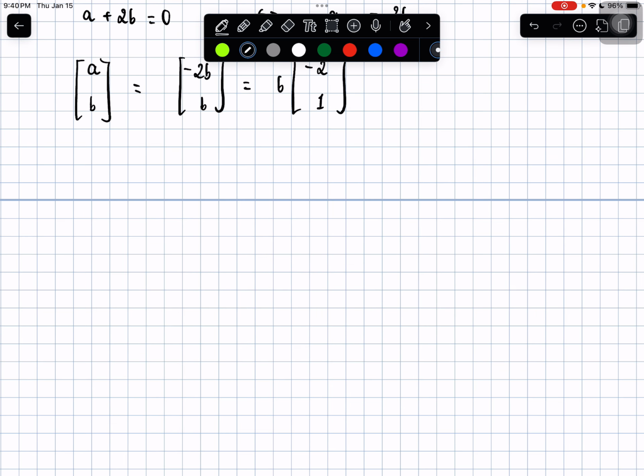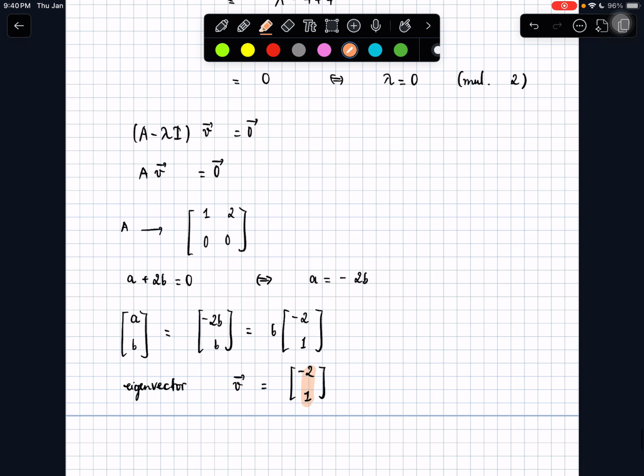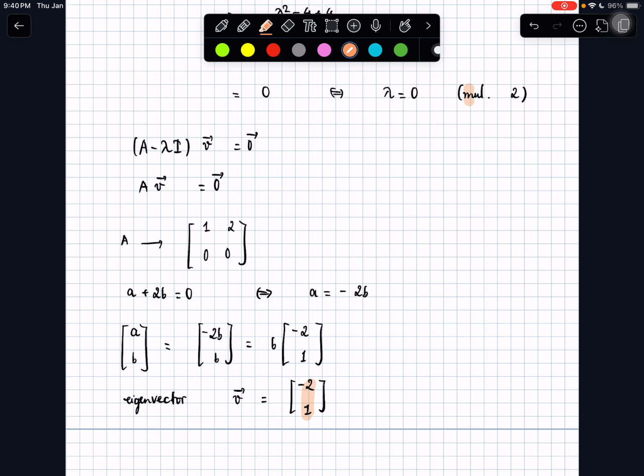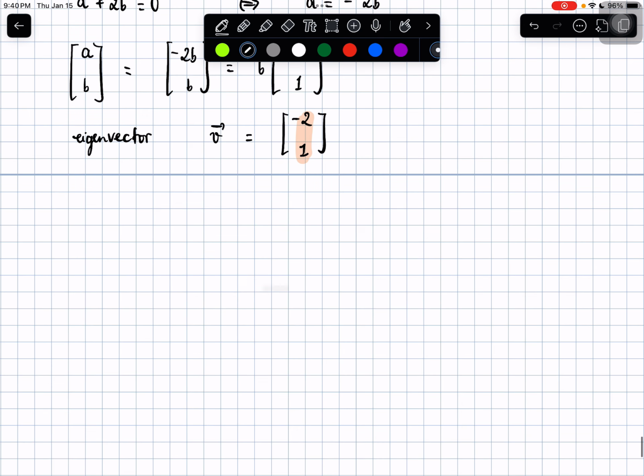So an eigenvector v equals minus 2, 1. So we only have one linearly independent eigenvector, while the multiplicity is 2, but we found only one. So 0 is defective.